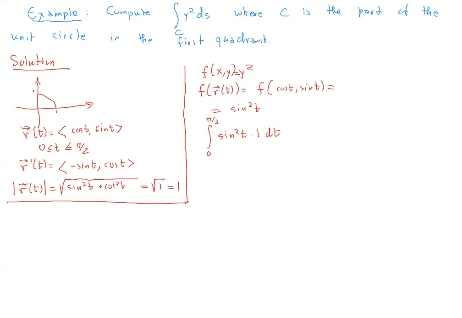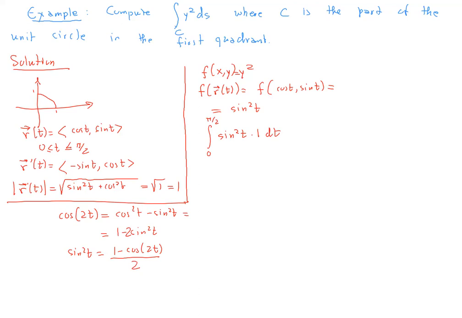Okay, how do we integrate this? Our double angle formula. So cosine of 2t is going to be equal to cosine square of t minus sine square of t, which is equal to 1 minus 2 sine square of t. And of course, from this it follows that sine square of t is 1 minus cosine of 2t over 2.